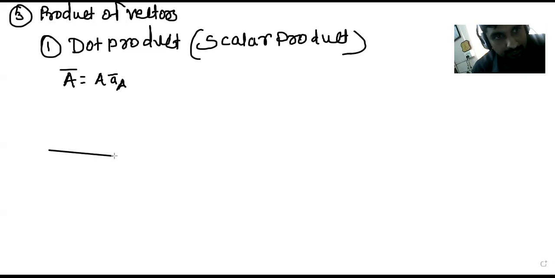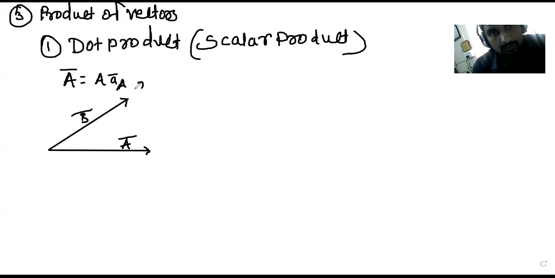So we have this vector A bar, and let us assume one more vector, vector B bar. So this is vector A bar and this is vector B bar.